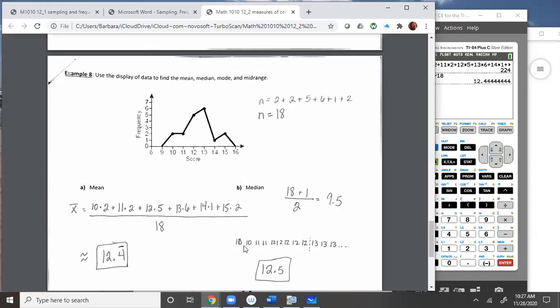So 10 occurs twice, so we have 2 10s, we have 2 11s, and then we have 5 12s, and then we have 3 13s, and so forth. And once you feel like you've got at least 9 or 10 numbers, you can stop and count 1, 2, 3, 4, 5, 6, 7, 8, 9, and here's 10. So the score is between 12 and 13, which comes to 12.5. So the median is 12.5.